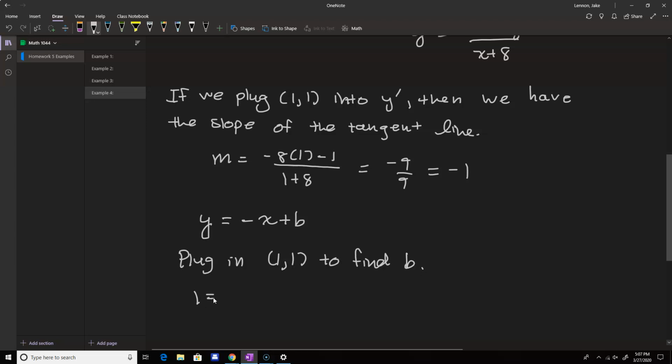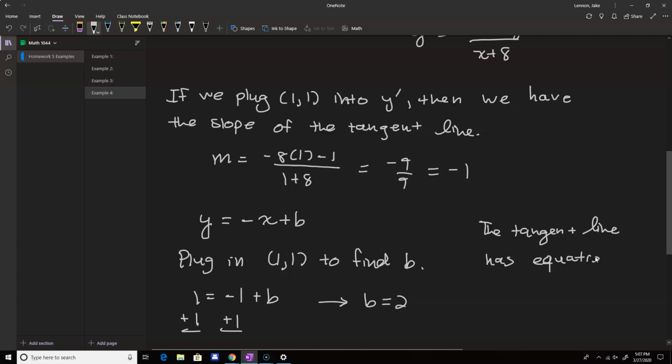So 1 equals minus 1 plus b, add 1 to both sides, so we get b equals 2. So that means the tangent line has equation y equals minus x plus 2. So this is our final answer there.